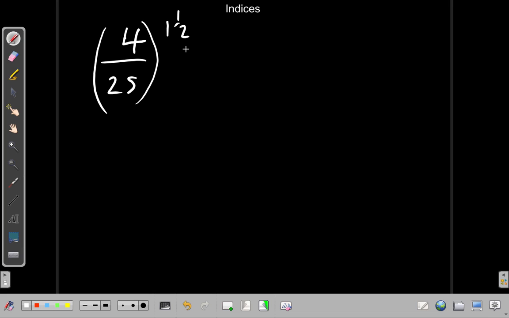Alright, so you've paused the video and you worked it out without using a calculator. What did you get? Let's see something here. This is the same thing as 4 over 25 to the power of 3 over 2. Did you get that?